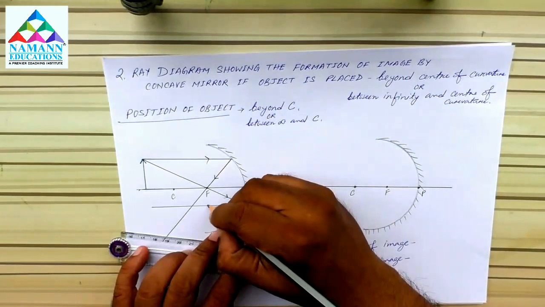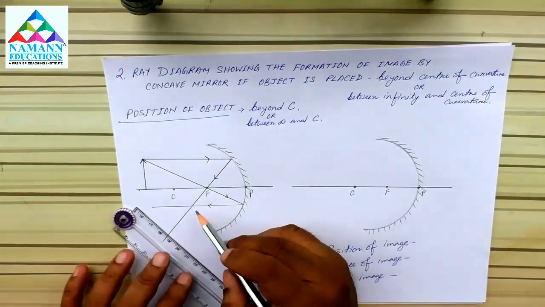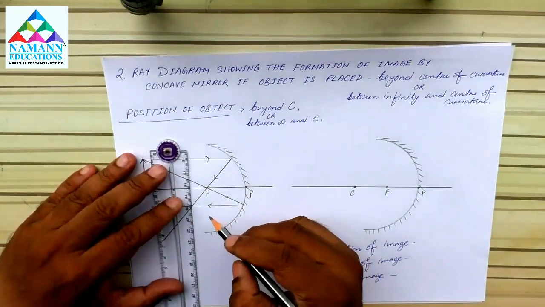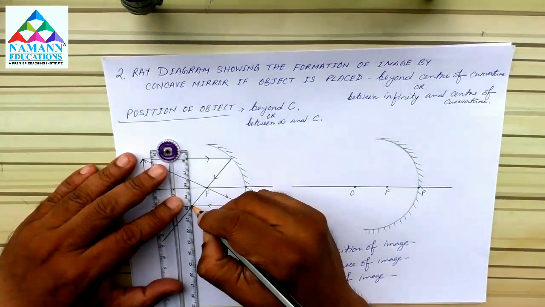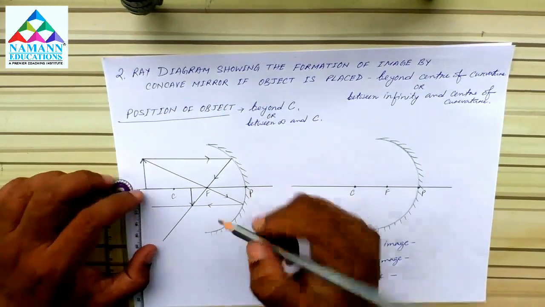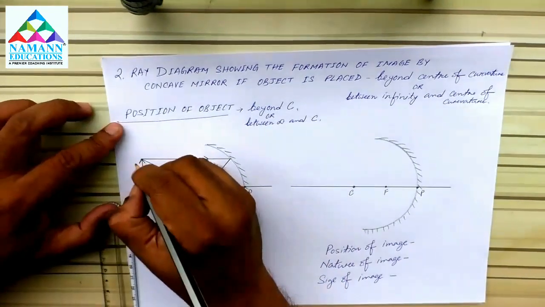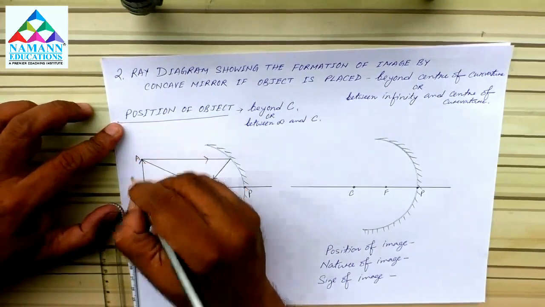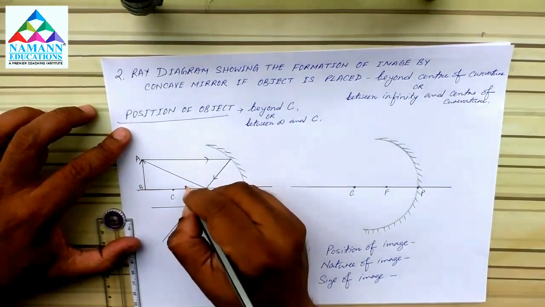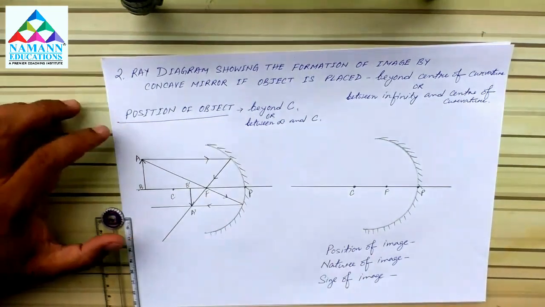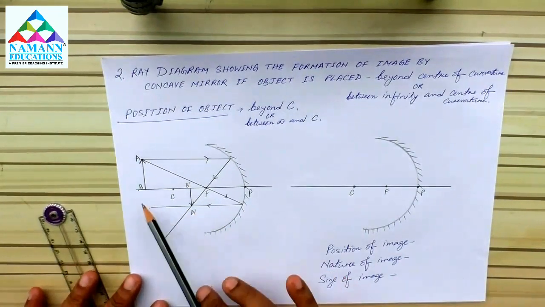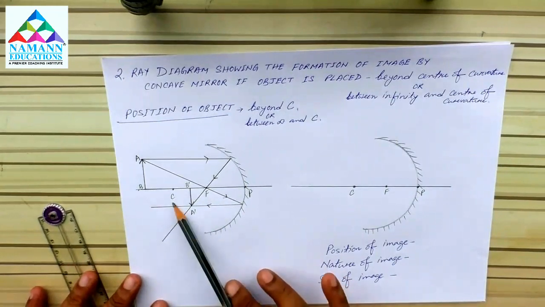After reflection, the two reflected light rays intersect at this point. Here we can draw an image like this, perpendicular on the principal axis. If AB is the object, we can consider A dash, B dash as the image. So if object is placed beyond C, the image is formed between C and F.